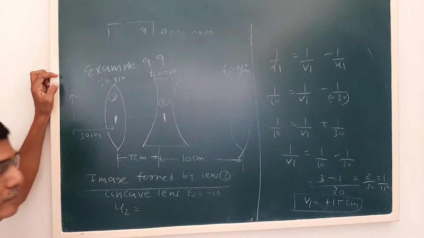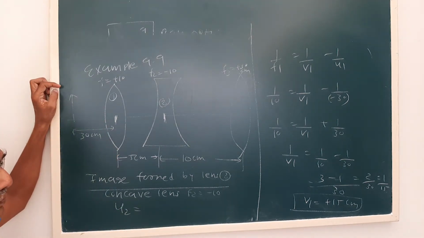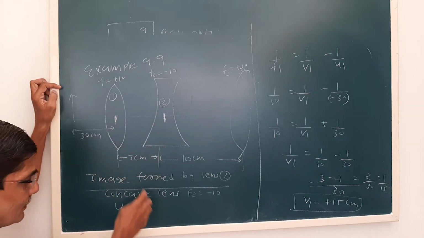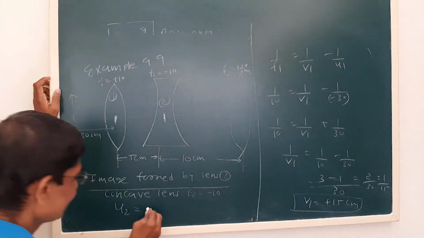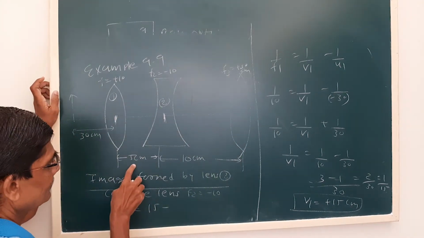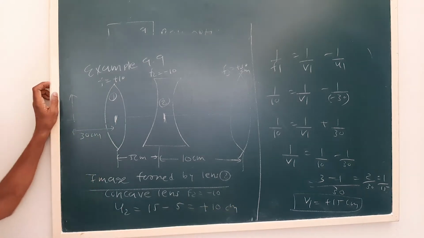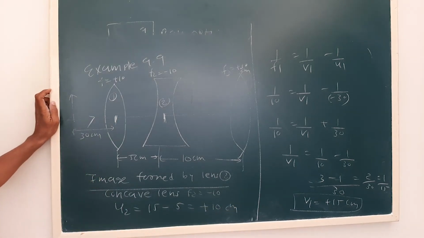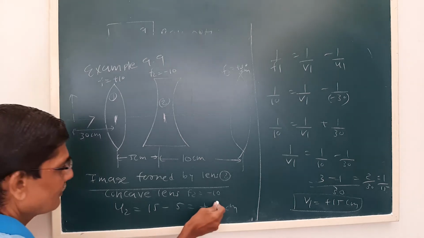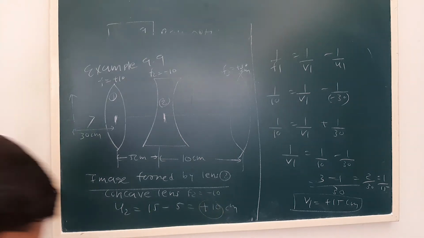Suppose we have to calculate the object distance for lens 2. So you have to subtract the distance between lens 1 and 2, that is 5 centimeter, from this V1. And see, this distance is in the direction of the incident ray, so that's why we have to take U2 as positive.